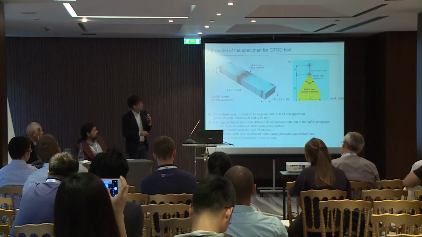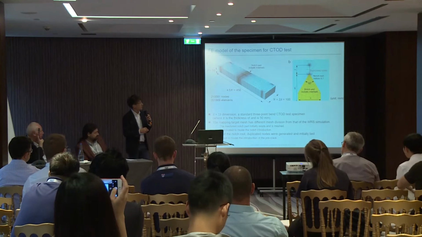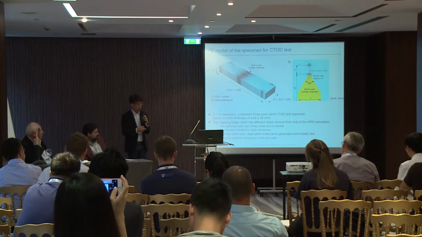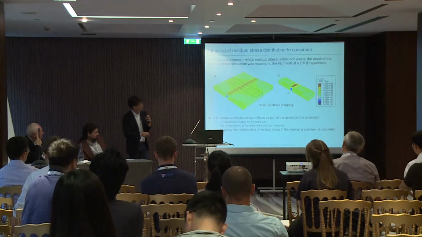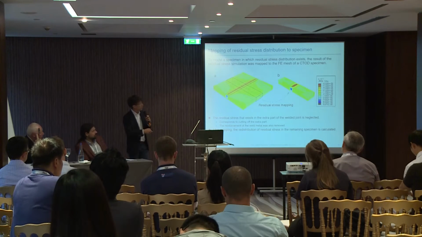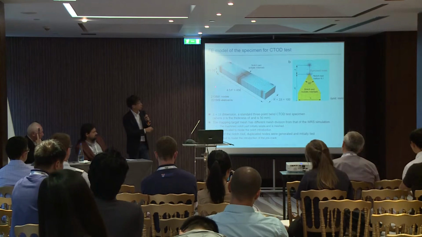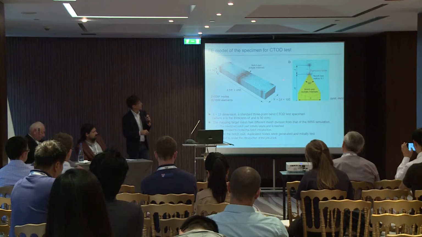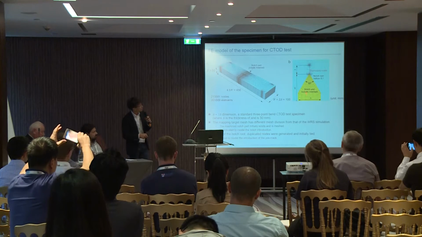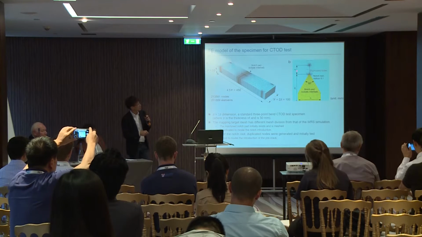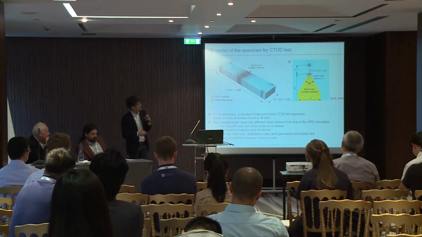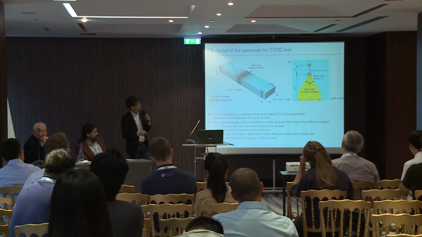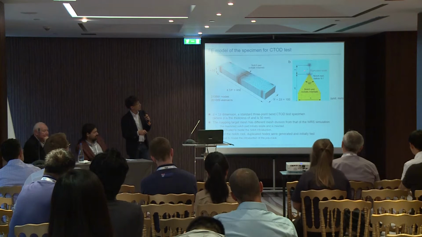And then this slide shows the mesh division for mapping. This model had the mesh division of this figure, and the figure on the right-hand side shows the detail in the notch. The notch part is initially meshed, and then in front of the notch root, duplicated nodes are generated.